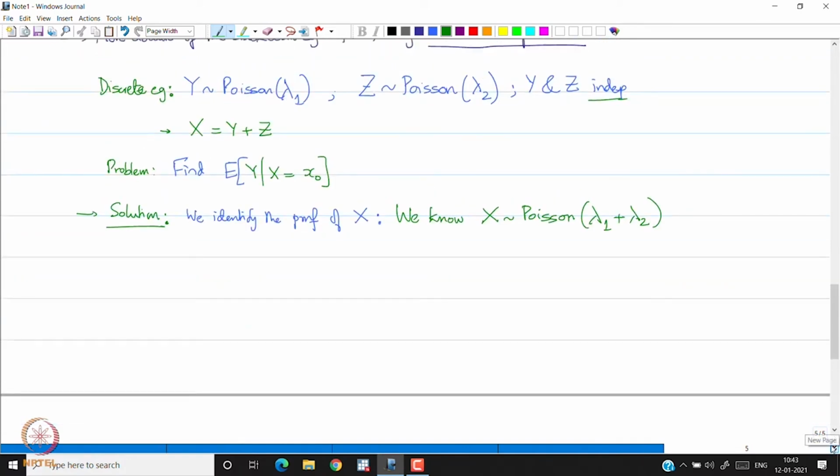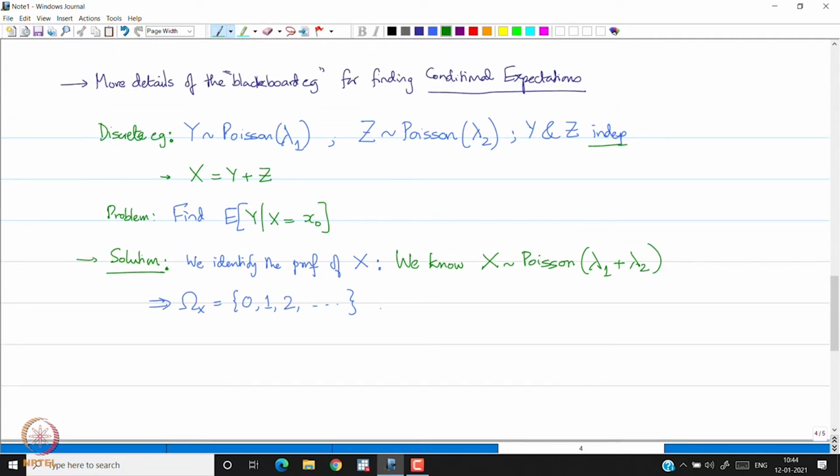So this is very important. What does this mean? This means that omega X, the set of values that X can take, is basically the entire collection of non-negative integers. So omega X is the set 0, 1, 2, and so on, and x naught can be any one of these numbers.